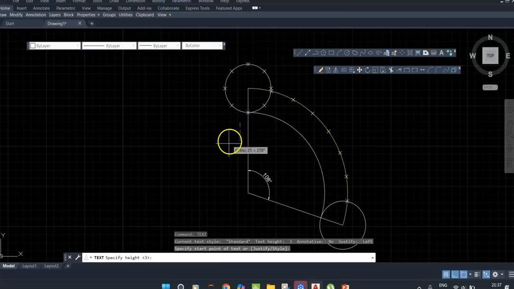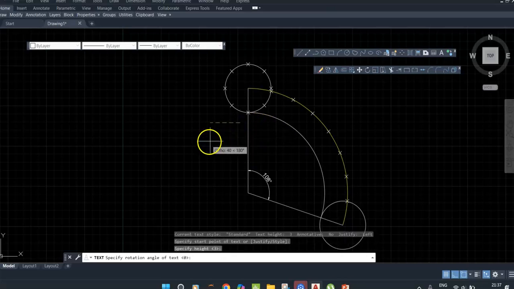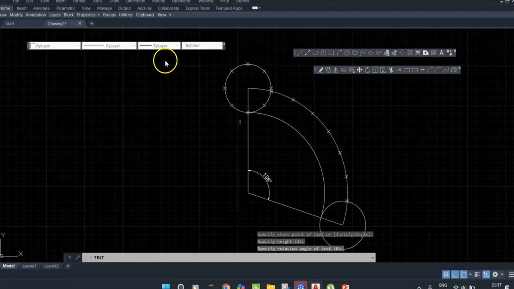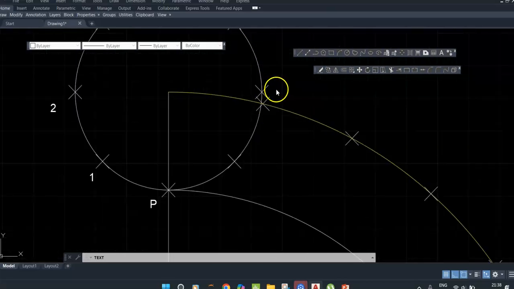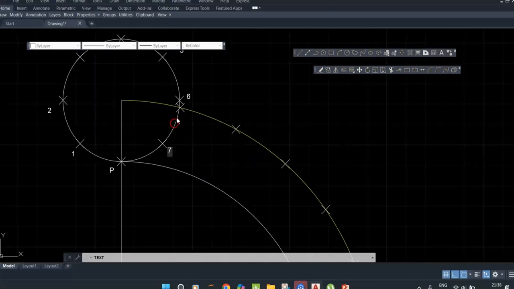This is my starting point, height 3, rotation angle 0, P1, 2, 3, 4, 5, 6, 7.